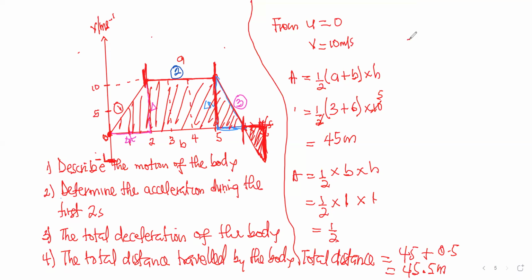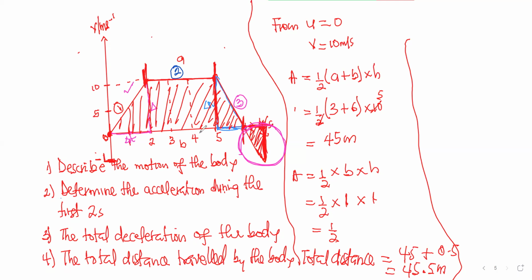What's the total displacement? You see, if this part had not come, and we only had the upper part, the total distance would have been equal to the total displacement.